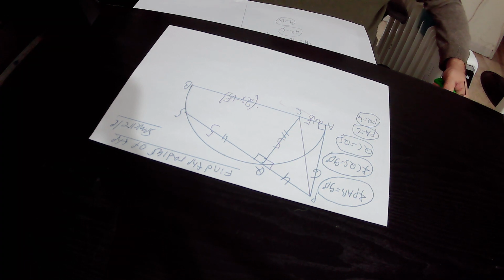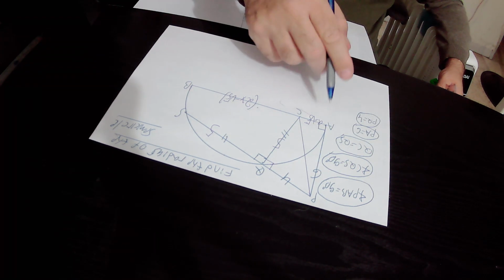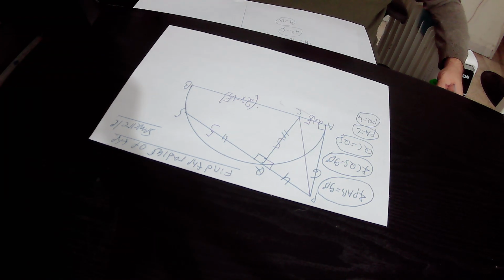So in the next step we'll complete the semicircle to a circle, and we'll do a construction on the circle, and then we'll implement a new rule in the circle.